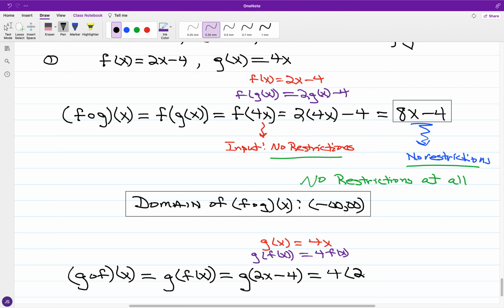So we have 4 times 2x minus 4, and distributing, this will come out to 8x minus 16.